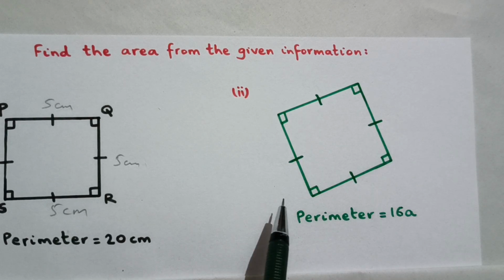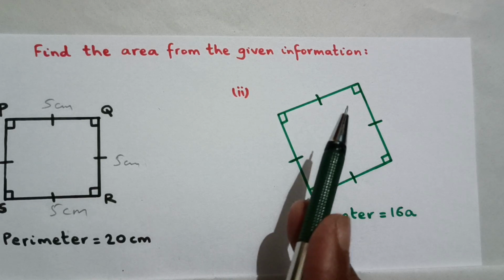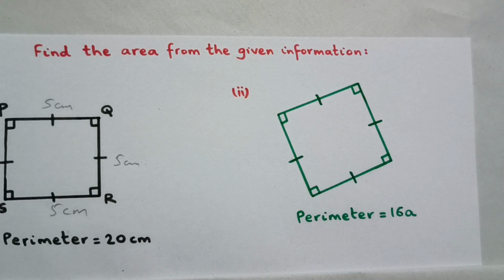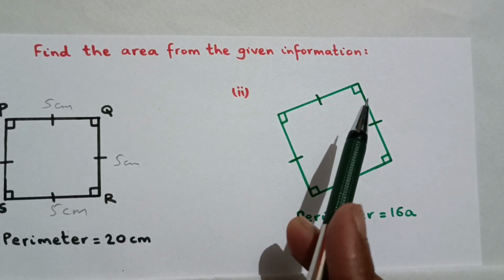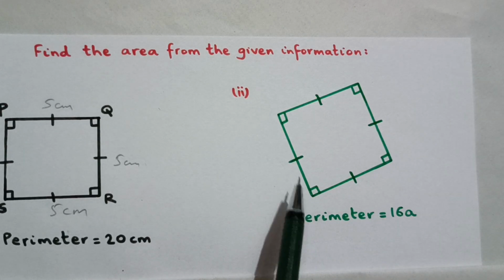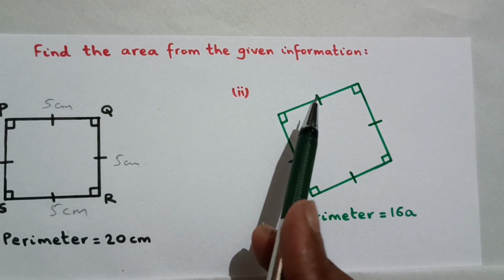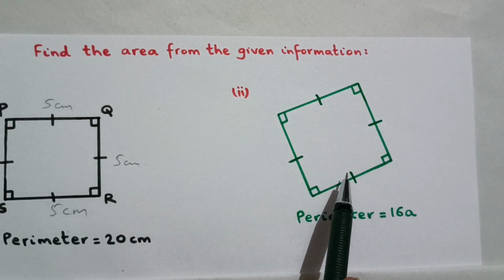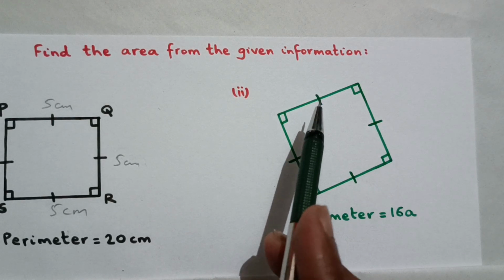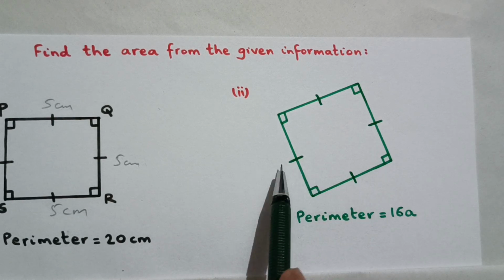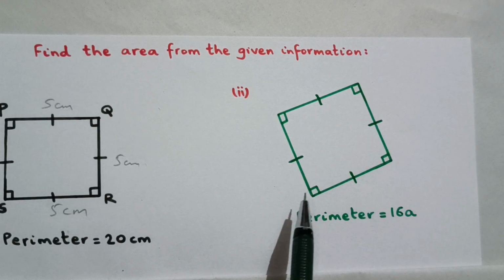So in this quadrilateral I can see that all the 4 angles are 90 degrees. Also I can see that on all the 4 sides of this quadrilateral I am having this symbol. So this symbol is present on all the 4 sides of this quadrilateral.